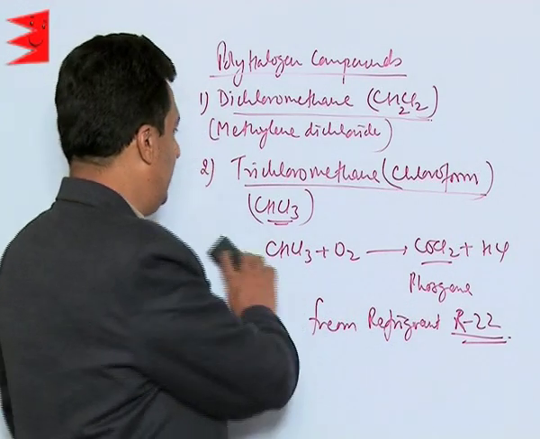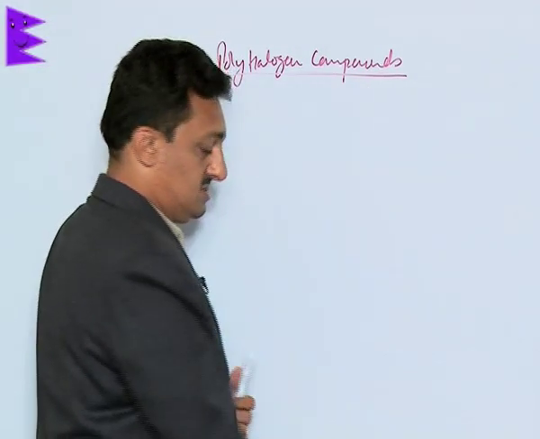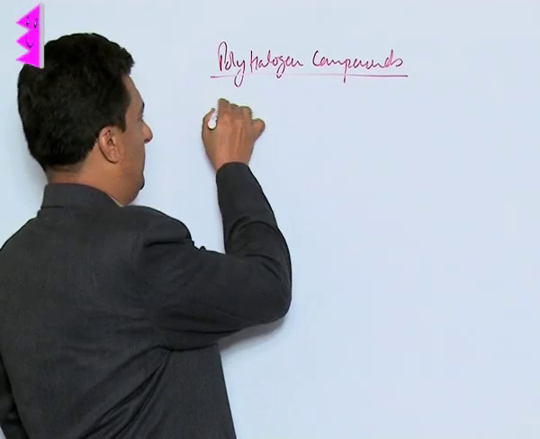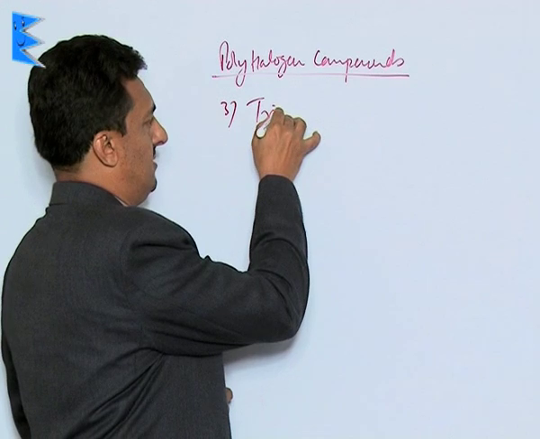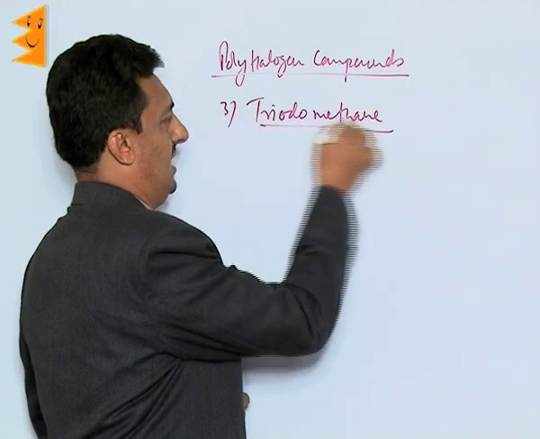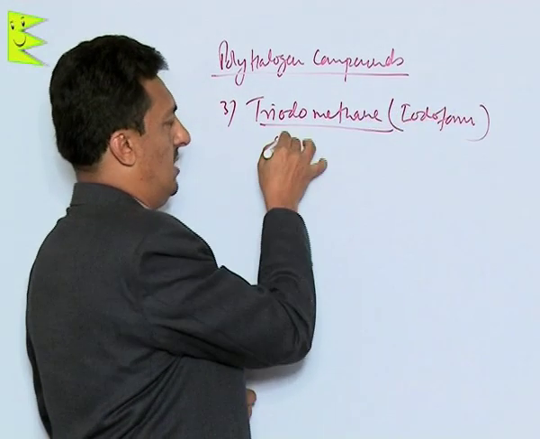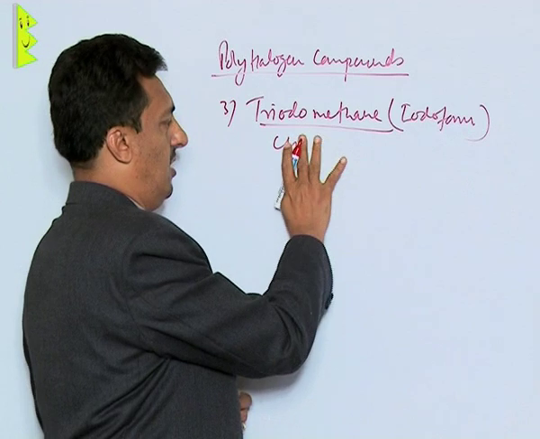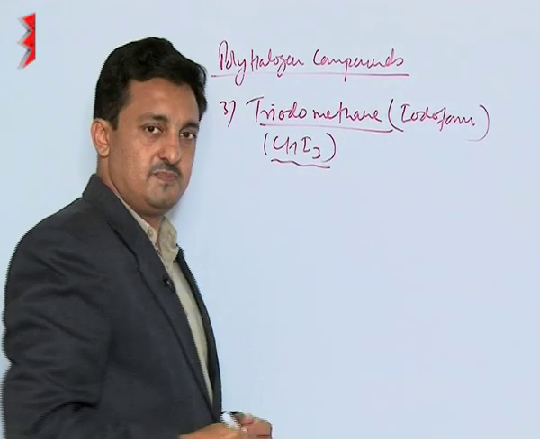Now, the next one in the list of polyhalogen compounds is triiodomethane, or iodoform, CHI3.